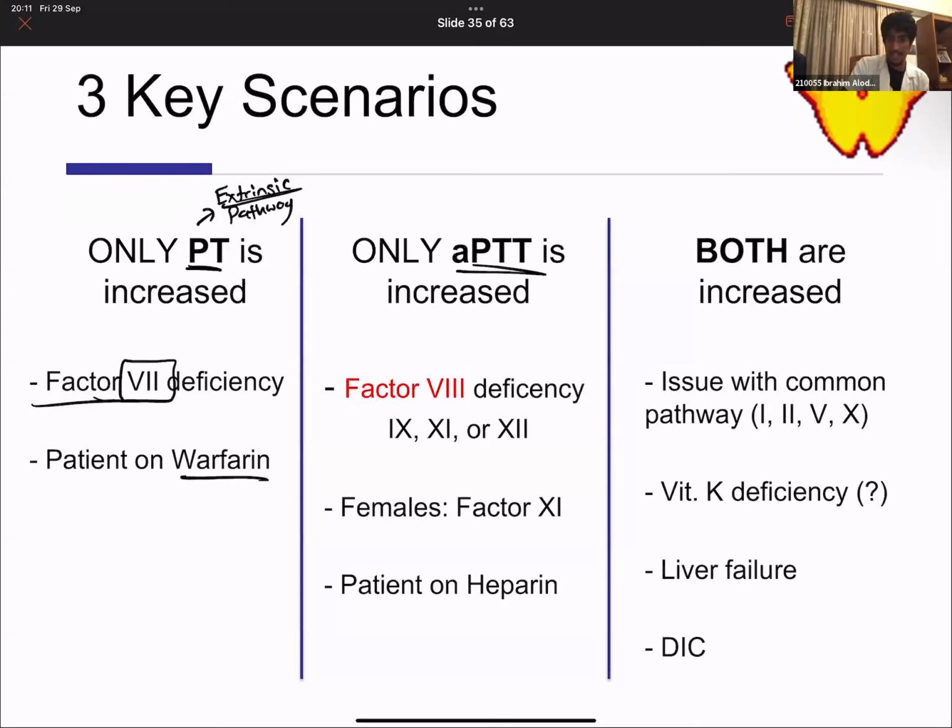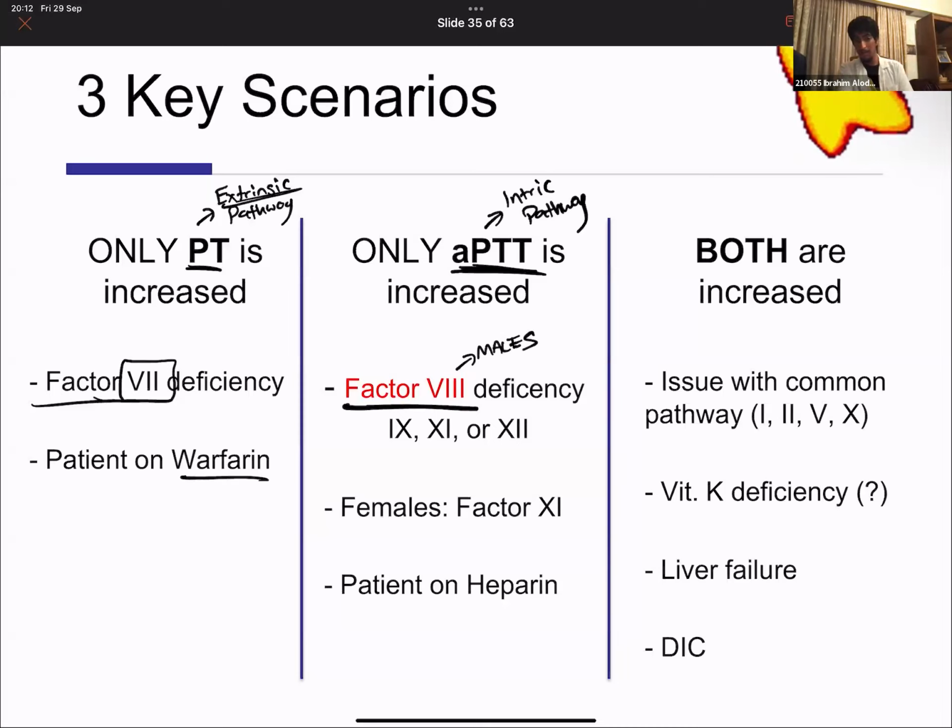Now, the next key scenario: if only APTT is increased, this is checking the intrinsic pathway. That means any of the clotting factors in the intrinsic pathway could have a deficiency or a defect. Most commonly, it is factor 8, in males usually, and we're going to talk about a disease.